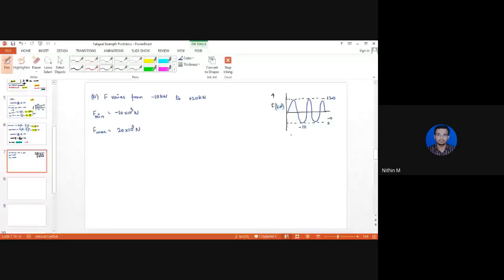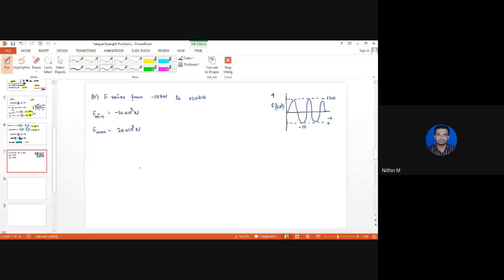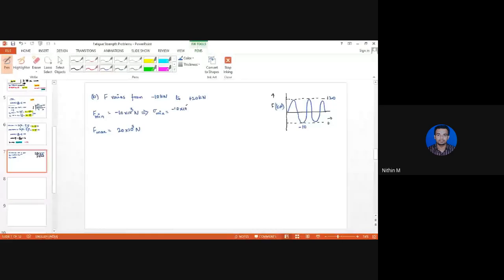That is why when we consider load factor, axial forces will tend to have a better value of load factor. This is one thing that you need to remember. If not, as far as your exams are concerned, consider the value -10 into 10 to the power of 3 divided by 50t.